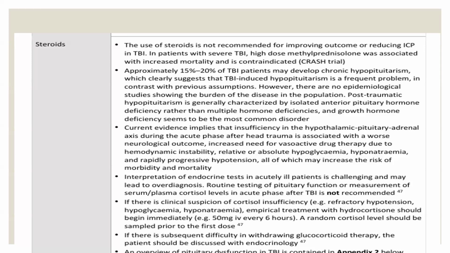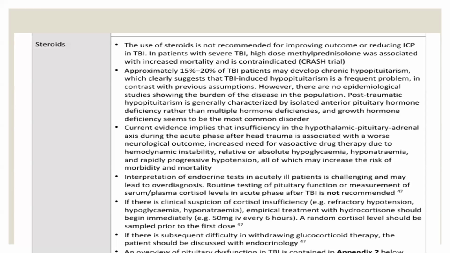Current evidence implies that insufficiency in the hypothalamic pituitary adrenal axis during the acute phase after head trauma is associated with worse hemodynamic instability, relative and absolute hypoglycemia, hyponatremia, and rapidly progressive hypotension, all of which may increase the risk of morbidity and mortality.